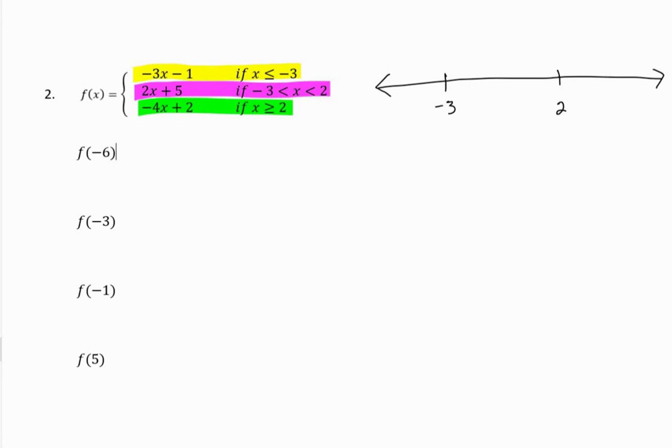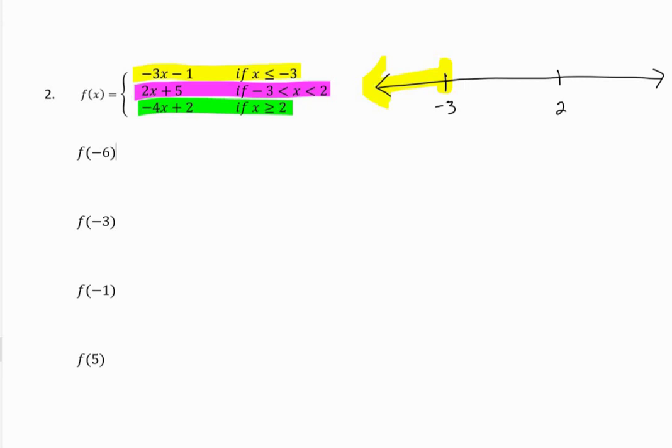Now, if a number is less than negative 3, I'm using this part of the function that says negative 3x minus 1. So less than negative 3 is this part of my graph on forever toward infinity. And I do include this negative 3 with this yellow part of my graph.